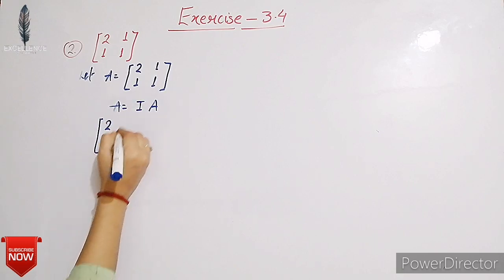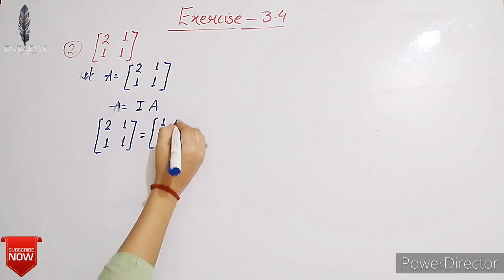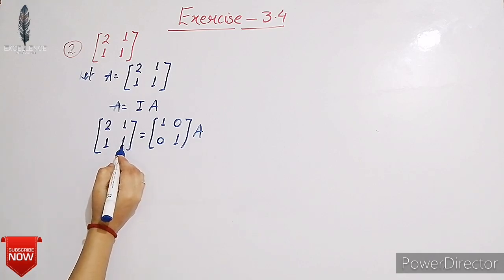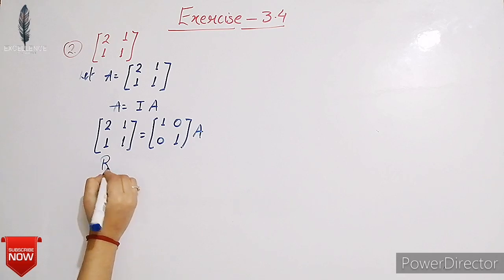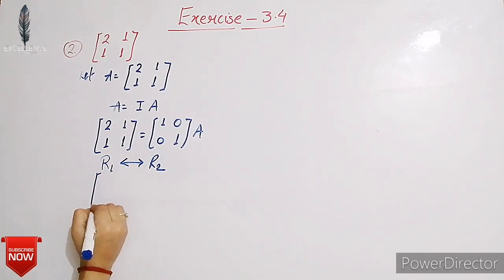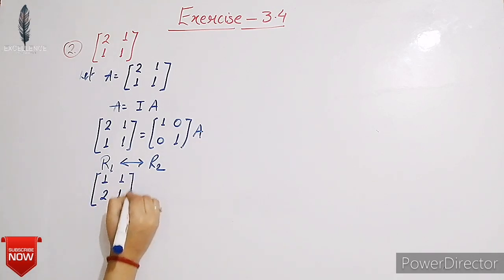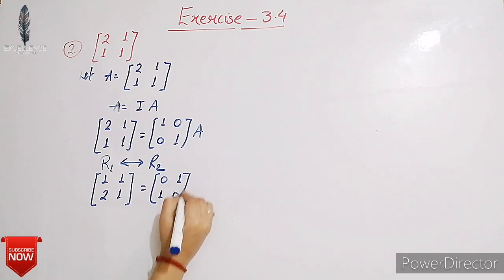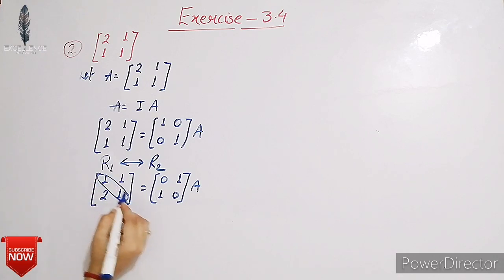Put the value of A, equals the identity matrix of 2 into 2 order, that is 1 0 0 1 into A. Now, see, if we change R1 into R2, then we get the diagonal elements easily 1. So, R1 interchange with R2, that is 1 1 and 2 1 equals 0 1 1 0 A.